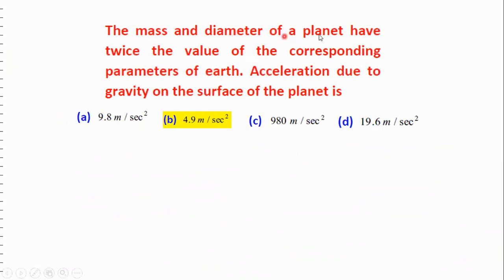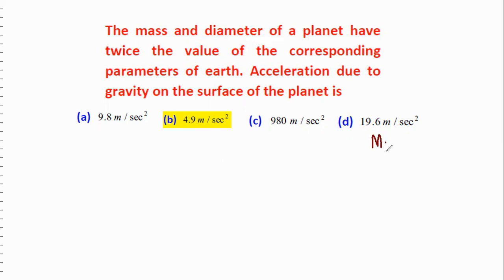The mass and the diameter of the planet have twice the value of the corresponding parameters of the Earth. Find the acceleration due to gravity on the surface of the planet. The mass and diameter of the planet are given.